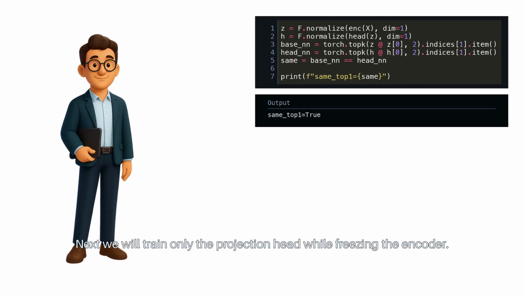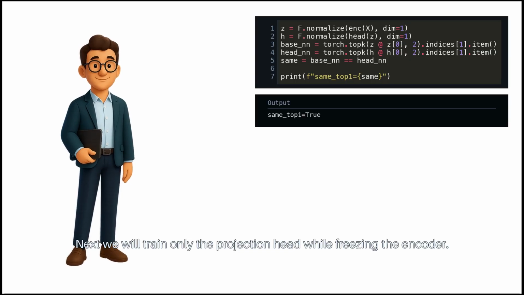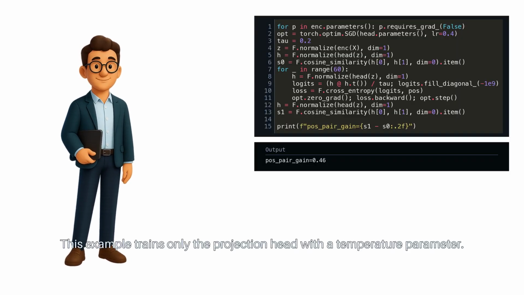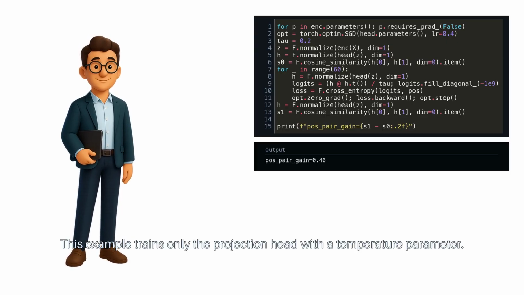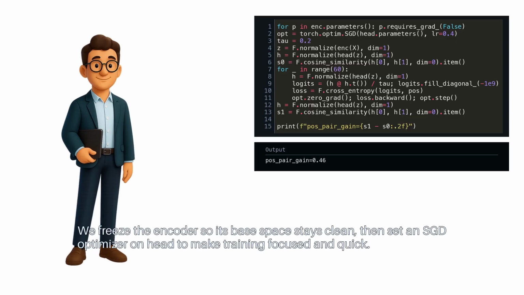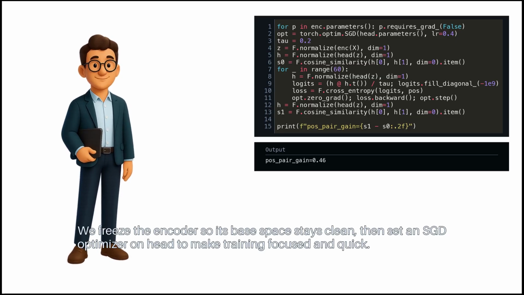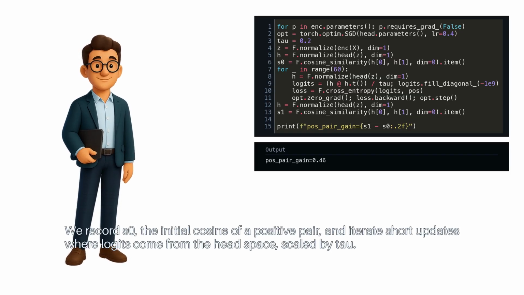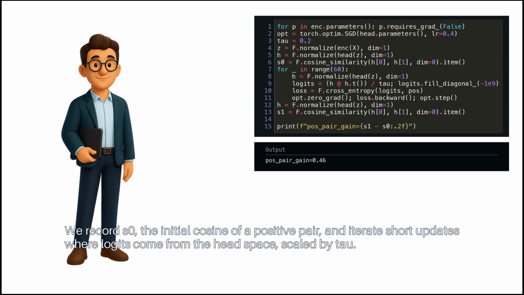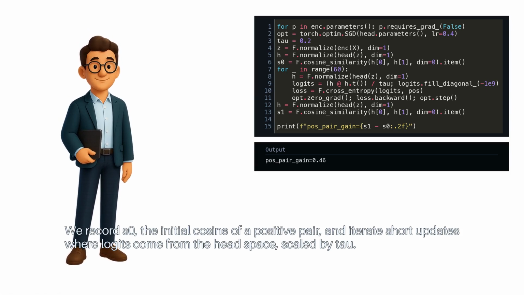Next, we will train only the projection head while freezing the encoder. This example trains only the projection head with a temperature parameter. We freeze the encoder so its base space stays clean. Then set an SGD optimizer on head to make training focused and quick. We record S0, the initial cosine of a positive pair, and iterate short updates where logits come from the head space, scaled by tau.